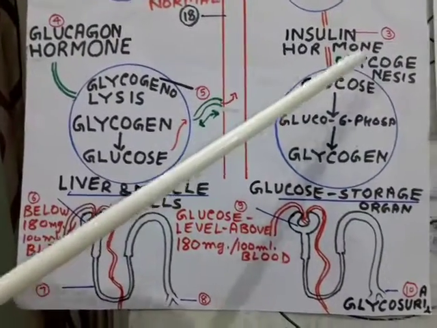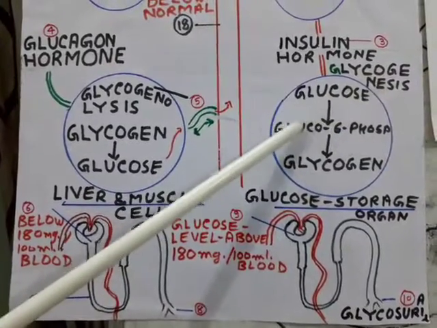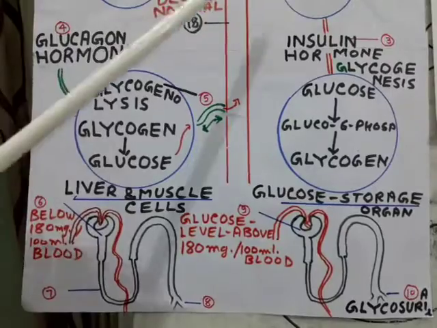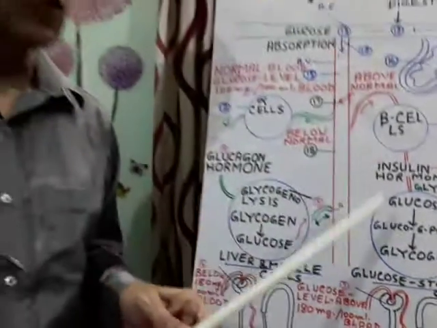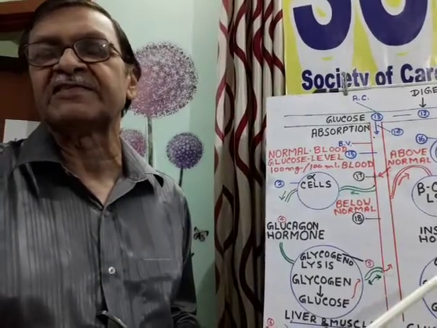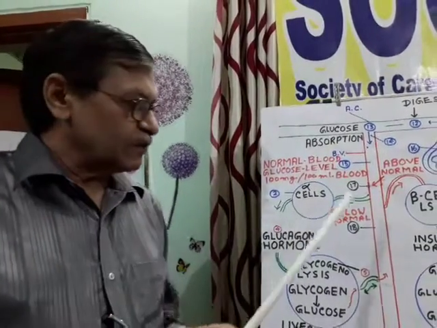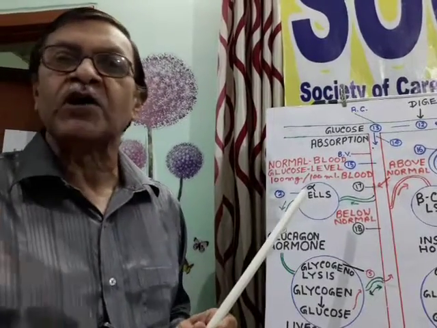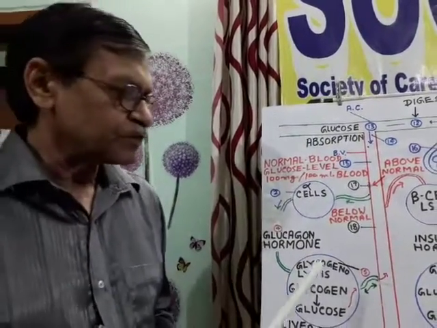So this process of formation of glycogen is called glycogenesis. By this method, the surplus amount of glucose is stored in the storage organs, liver and muscle cells, and some glucose is taken by all body cells according to their requirement.